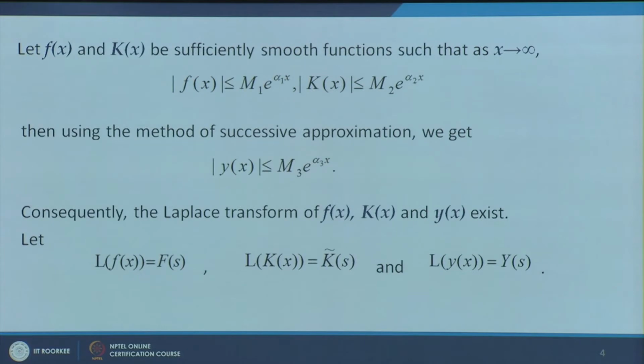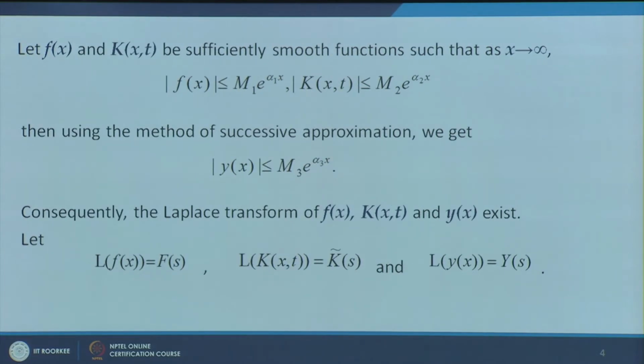So, let us say f(x) and k(x,t) are sufficiently smooth functions such that as x goes to infinity, mod of f(x) is less than or equal to M1 times e to the power alpha 1 x, and mod of k(x,t) is less than or equal to M2 times e to the power alpha 2 x. That means f(x) and k(x,t) are both of exponential order.